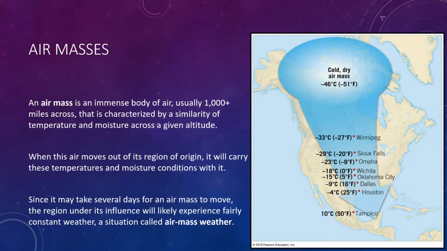Since it may take several days for an air mass to move across an area and be modified, the region under its influence will likely experience fairly constant weather, a situation known as air mass weather. Certainly there are some day-to-day variations, but the weather will be relatively consistent until an air mass boundary comes through and a different air mass influences the area.